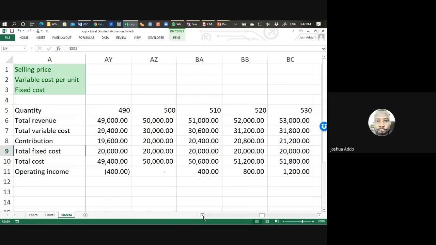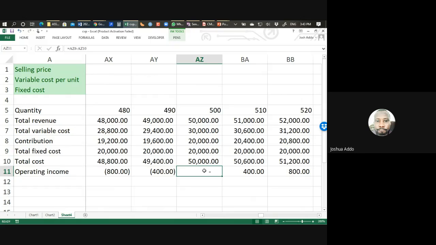Sorry. When we sold up to 400, then we realized something with 500. At 490, we were still making losses. Sorry, our operating income, which is our profit, was negative 400. When we sold 500, our profit was 0.